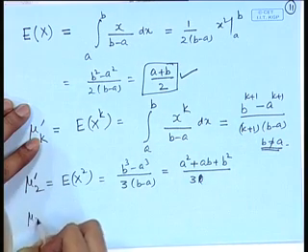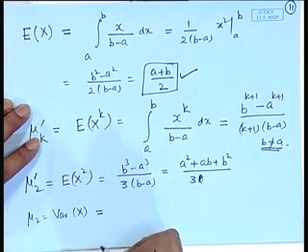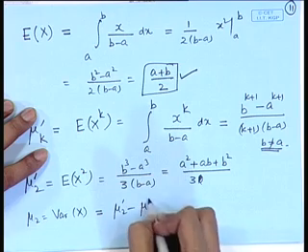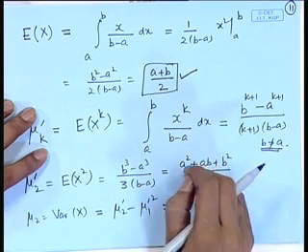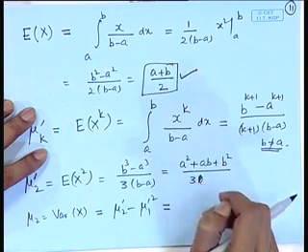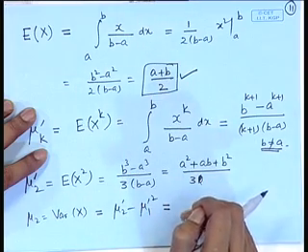So, the variance of the uniform distribution, that is mu 2 prime minus mu 1 prime square, that is a square plus ab plus b square by 3 minus a plus b whole square by 4.